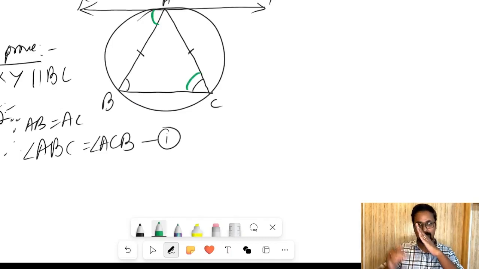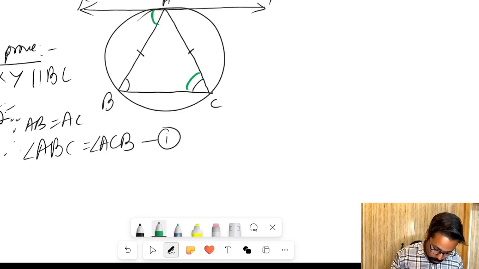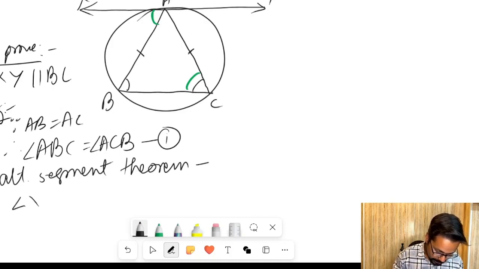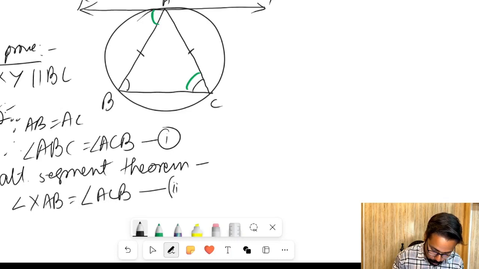This is the chord, this is the tangent, and they are forming an angle here, and the alternate segment angle is angle ACB. So by the alternate segment theorem, angle XAB is equal to angle ACB, which is number 2.